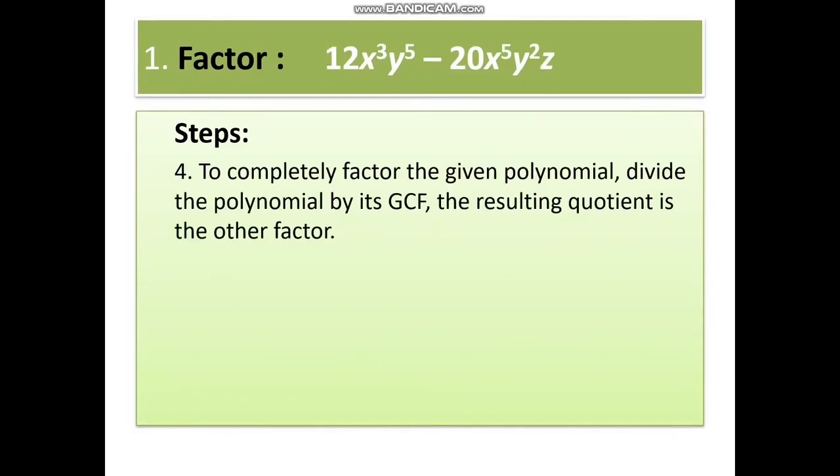Okay, and step 4, to completely factor the given polynomial, divide the polynomial by its GCF.